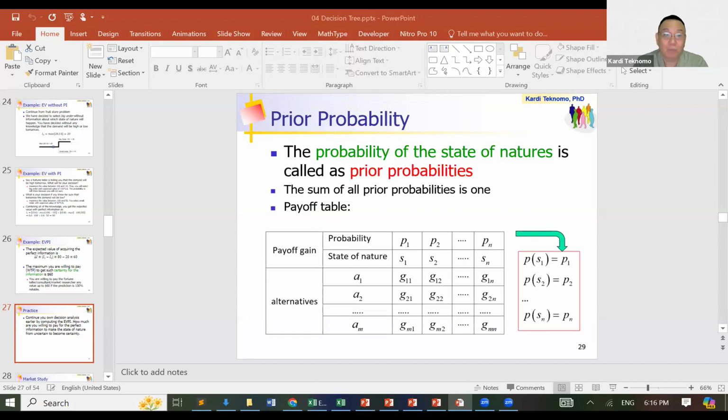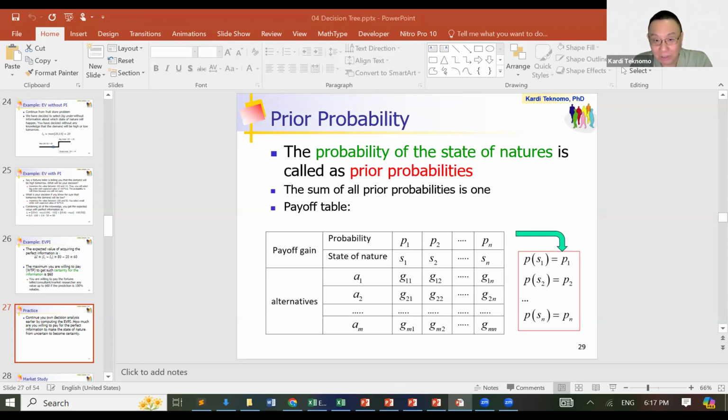So this is your payoff gain table. A here represents the alternative. S here represents the state of nature. P here is the probability of each state of nature. This probability of state of nature is called prior probability.